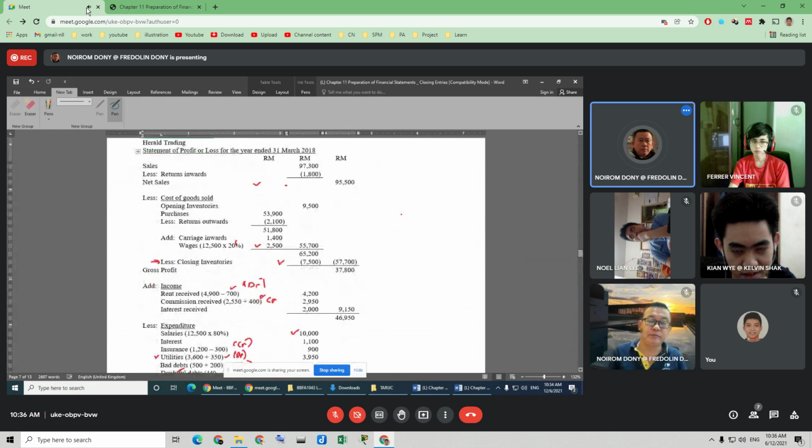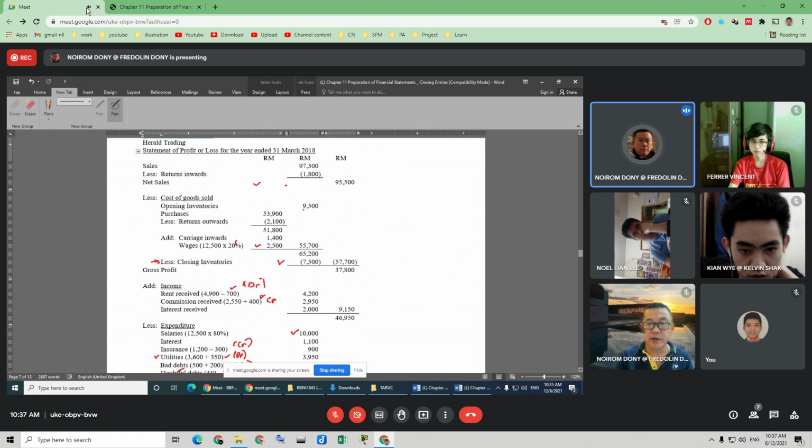Okay, so let's go through. Remember, we have 3 columns. The first column will only be used if you have other expenses related to the purchases. That is why we have here purchases, less return outward, plus carriage inward, and plus the wages, because for wages you have the allocation, which is 20%. Then we get the amount of purchases, so we put it into the second column.